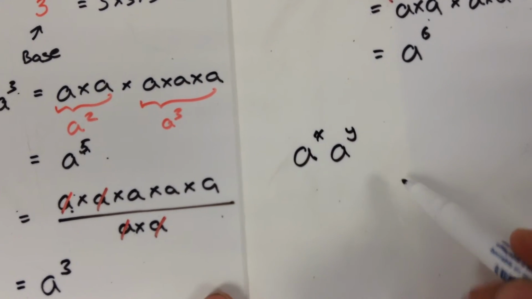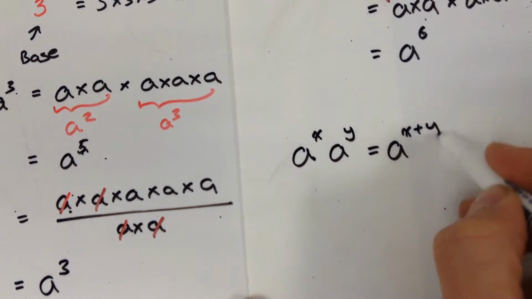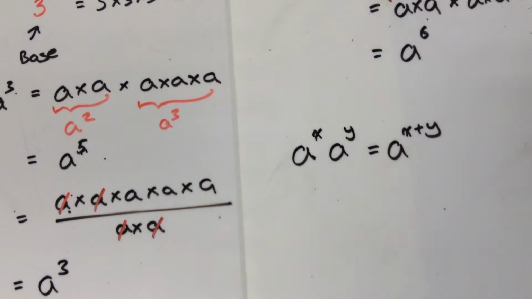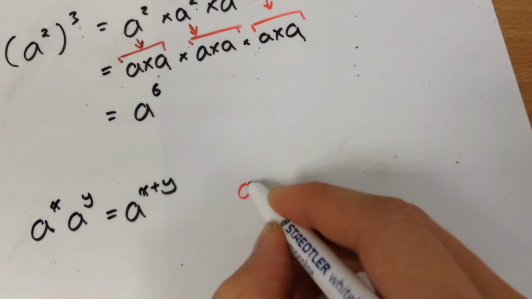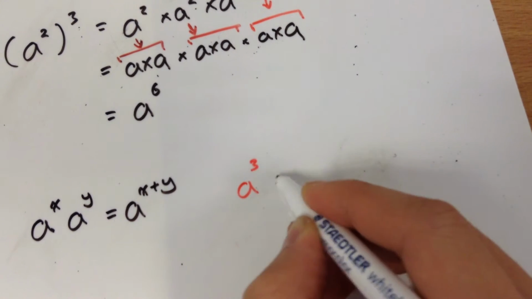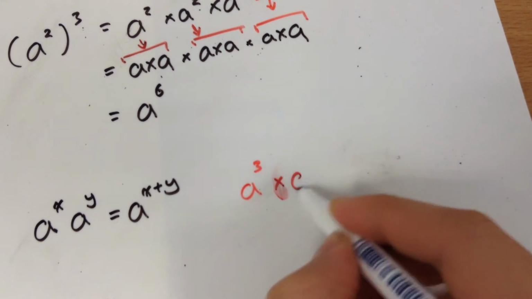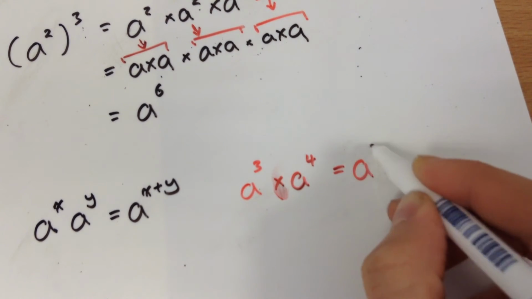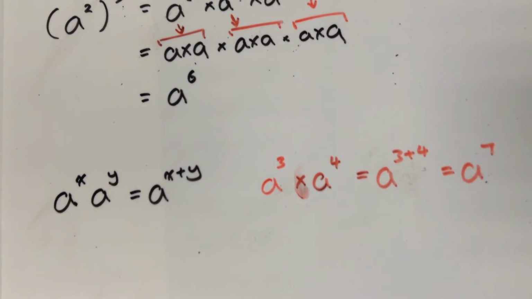So here, a to the power of x times a to the power of y is the same thing as a to the power of x plus y. So when we multiply the indices, we add the power. I'll write the example on the side here. A to the power of 3 times a to the power of 4 is simply a to the power of 3 plus 4, which is a to the power of 7.